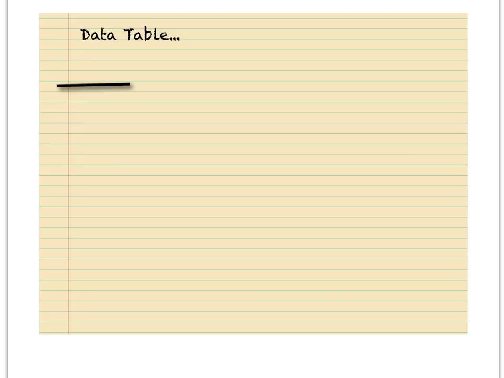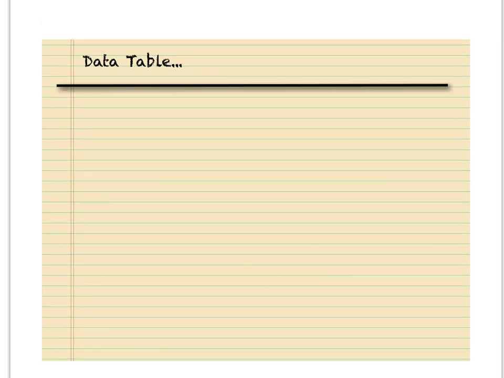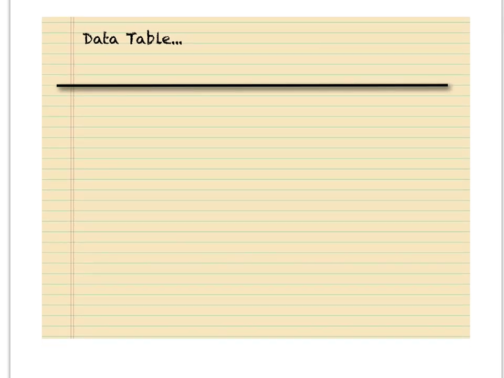Now we're going to set up a data table, and we're going to make sure that we have a couple of lines here. So I'm going to set these lines up, and we use the lines on the paper as well. But we want to compare.